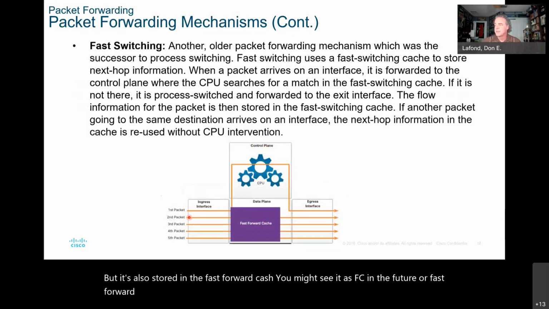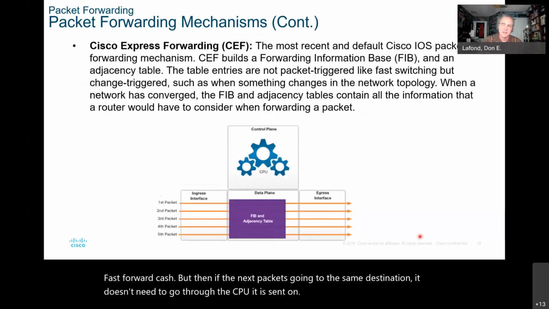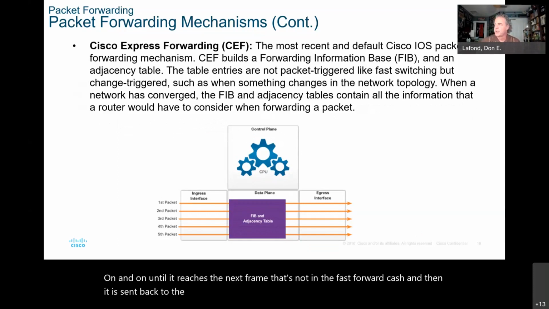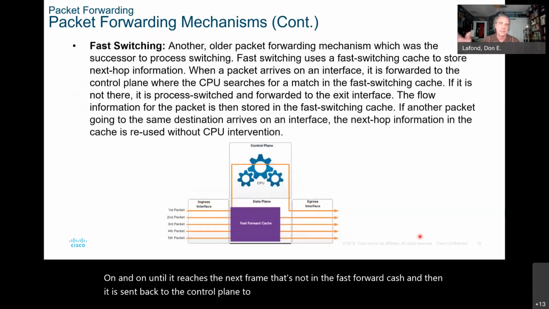But then if the next packet's going to the same destination, it doesn't need to go through the CPU. It is sent on and on until it reaches the next frame that's not in the fast forward cache, and then it is sent back to the control plane to be processed for the next destination.